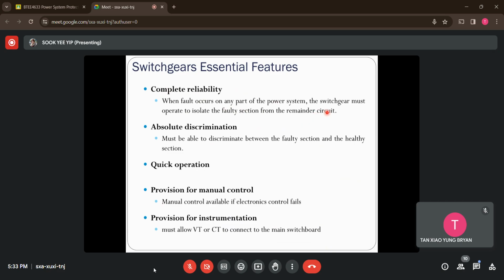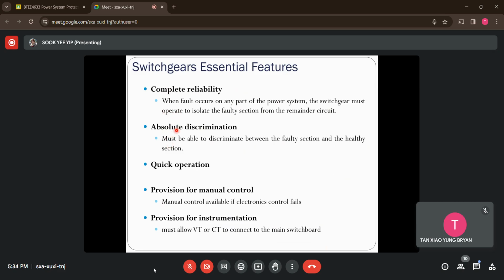So how can we actually achieve this? We must have absolute discrimination, which means that you are able to tell whether this is an internal fault or an external fault, which part is under faulty condition, and which part is in healthy condition. All right, otherwise it will cause false tripping. So these two are interlinked to each other.